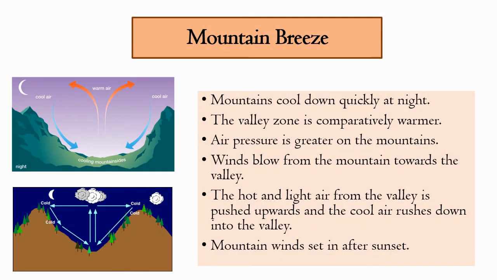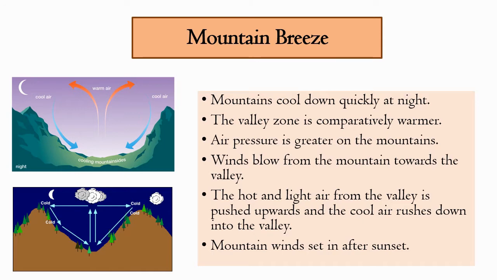Mountain breeze. Mountains cool down quickly at night. The valley zone is comparatively warmer. During the night time, the temperature at mountain tops is low, so air pressure here is high.